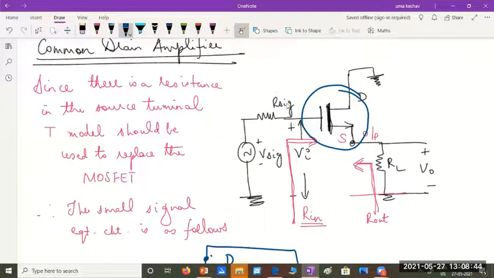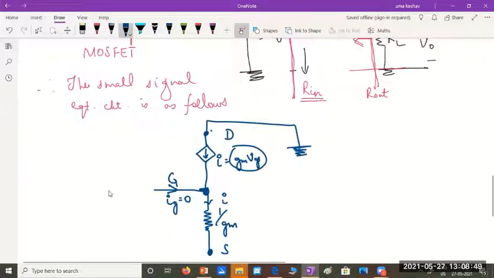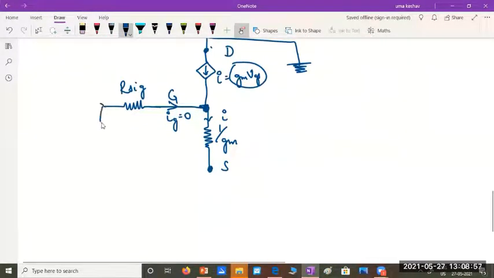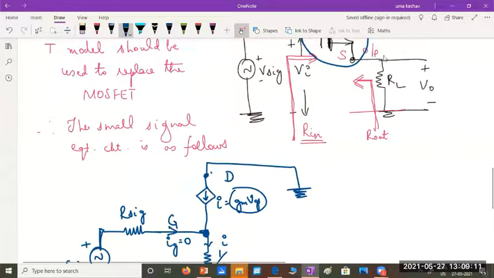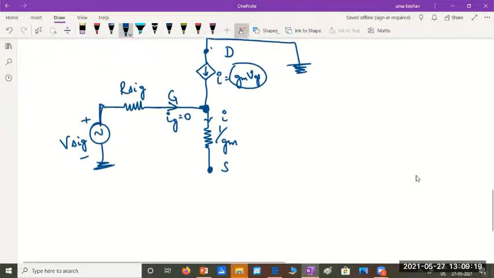Now at the gate, I have a signal generator Vsig and its resistance Rsig. So here I should connect Rsig along with Vsig. And next, at the source, what do I have? I have a load resistance RL connected between the source and the ground.